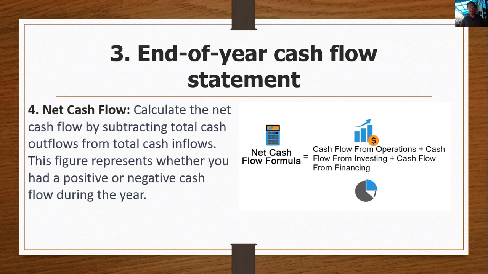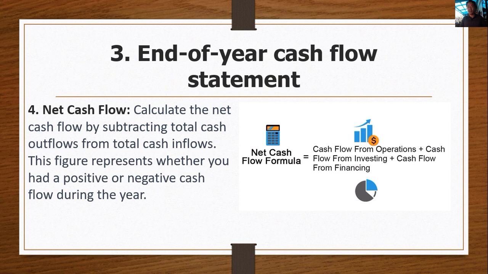And for your net cash flow, class, you will calculate the net cash flow by subtracting the total cash outflows from your total cash inflows. The figure represents whether you had a positive or a negative cash flow during the year.